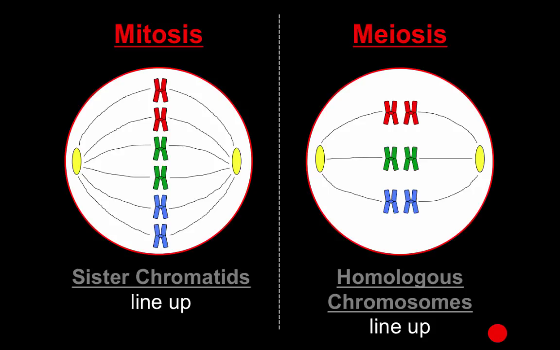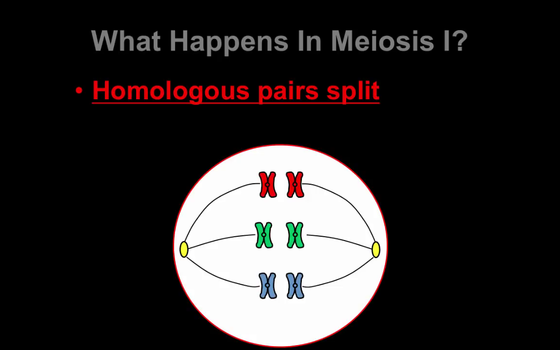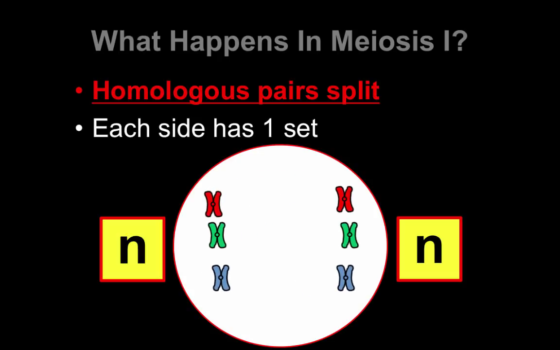In meiosis, notice how the homologous chromosomes are actually lined up together. So you can see that when they start to separate, only one of each homologous pair is going to go to each side of the cell. So this is how we're going to cut the number in half. So when we look at how this works, when they split, this is how we get that reduction.